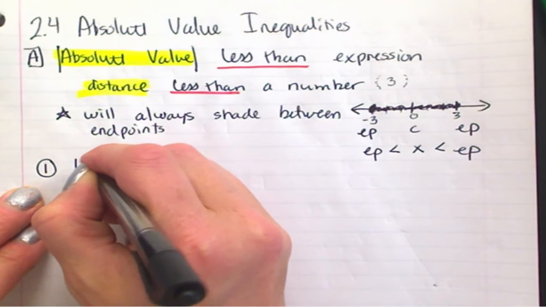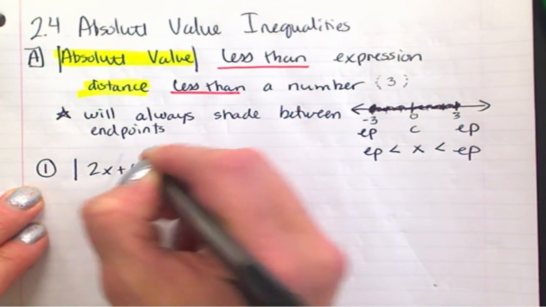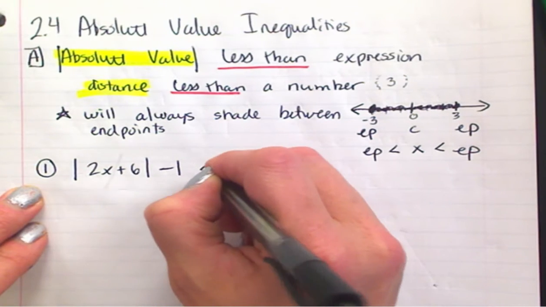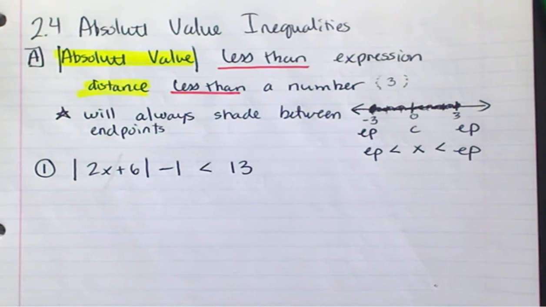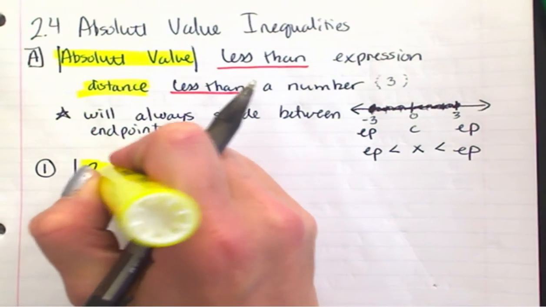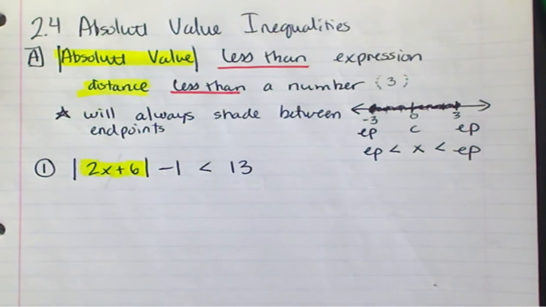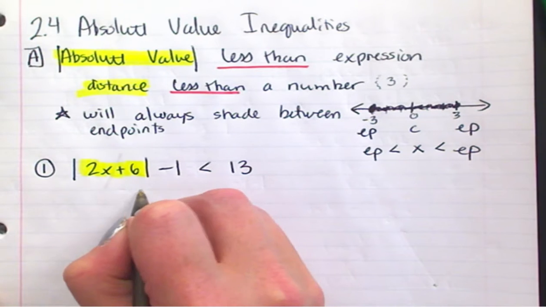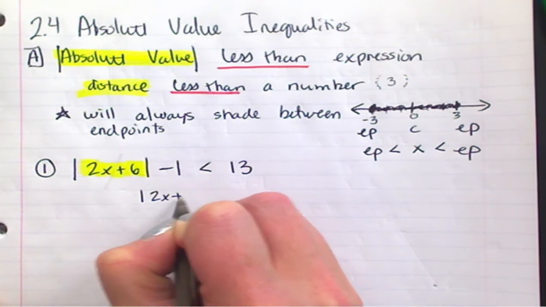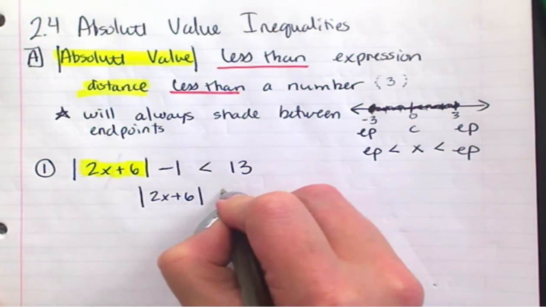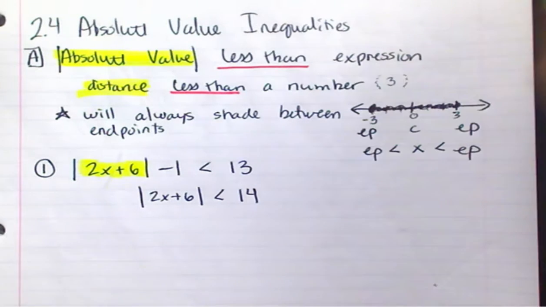So we're going to do absolute value 2x plus 6 minus 1 less than 13. Okay, well I see absolute value, and so I'm still going to isolate the absolute value. Still have to do that. Okay.